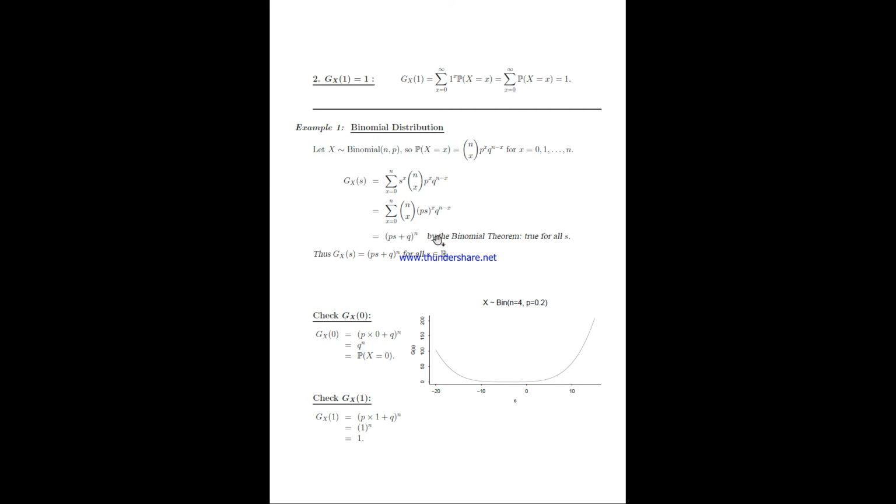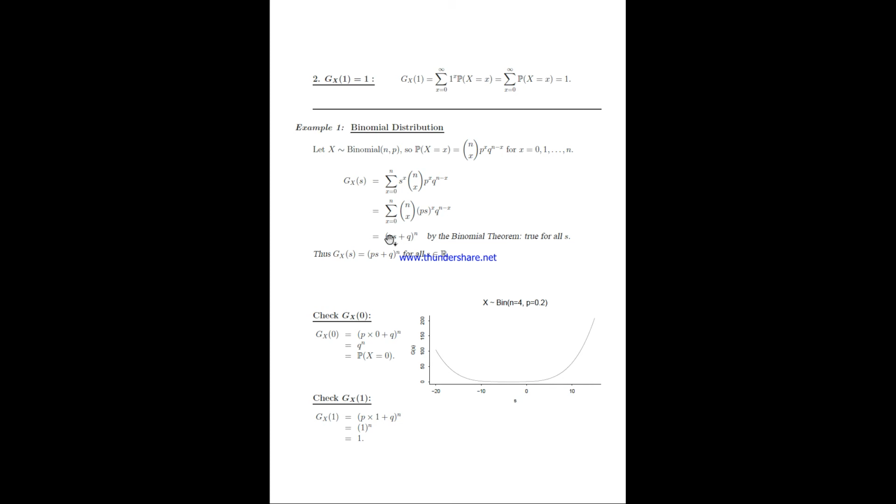Now when you look at this, actually this is like a binomial distribution, where the probability of success is ps, and the q value is equal to q. So this term is a common summation of the binomial distribution.